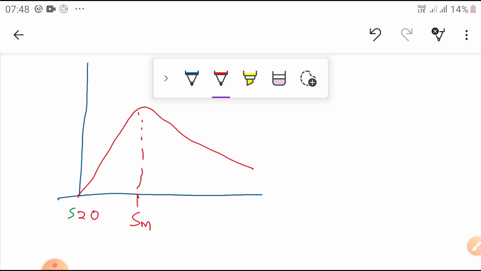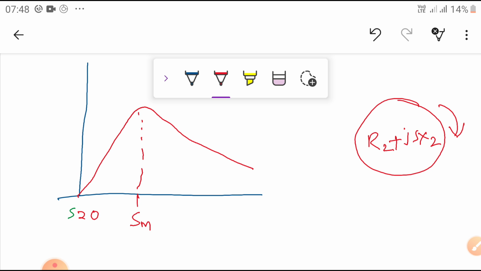The rotor has R2 plus jSX2. Now the rotor is running at this speed. At S is equal to 0, what happens? The torque developed is directly proportional to S E2 squared R2 divided by R2 squared plus (SX2) squared. This is the relation.